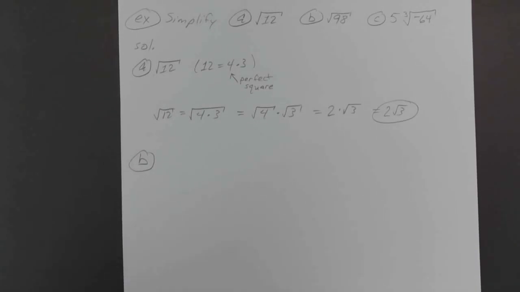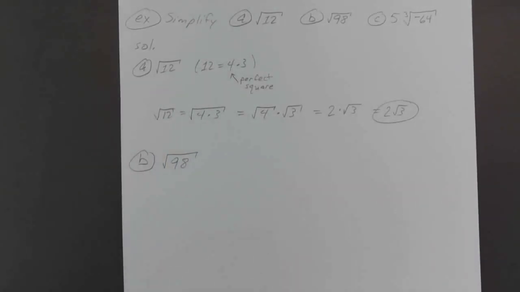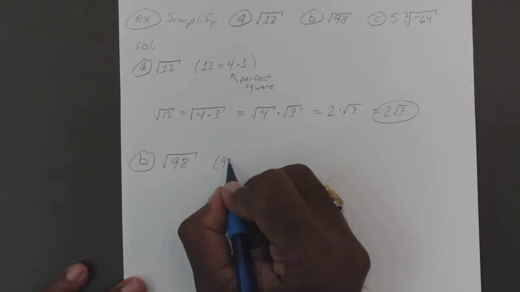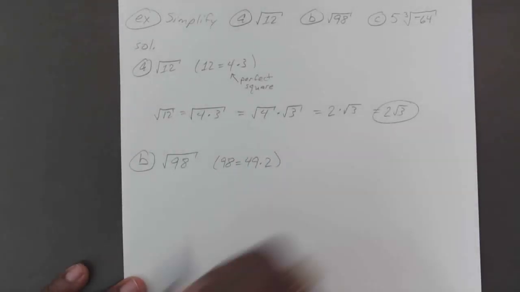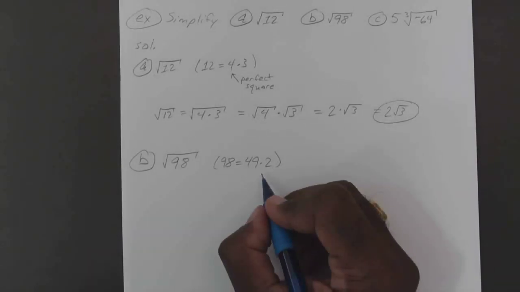Okay, so for B, same thing. Square root of 98, you want to look for a perfect square in there somewhere. So with that one, you can actually break 98 into 49 times 2. Okay, so 49 is that perfect square.